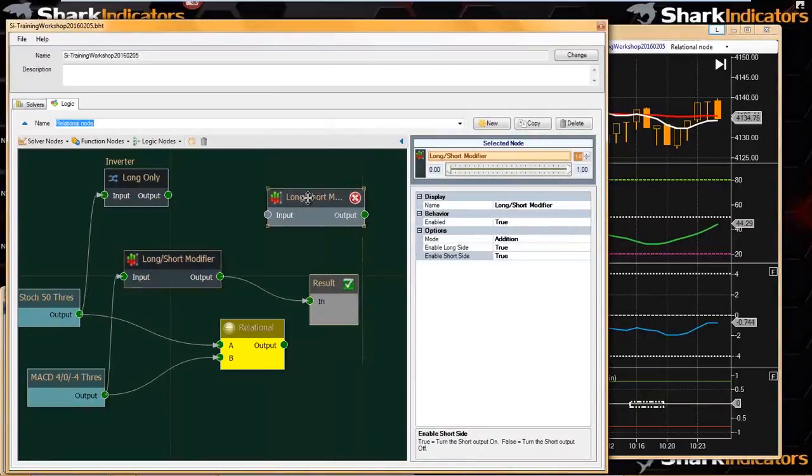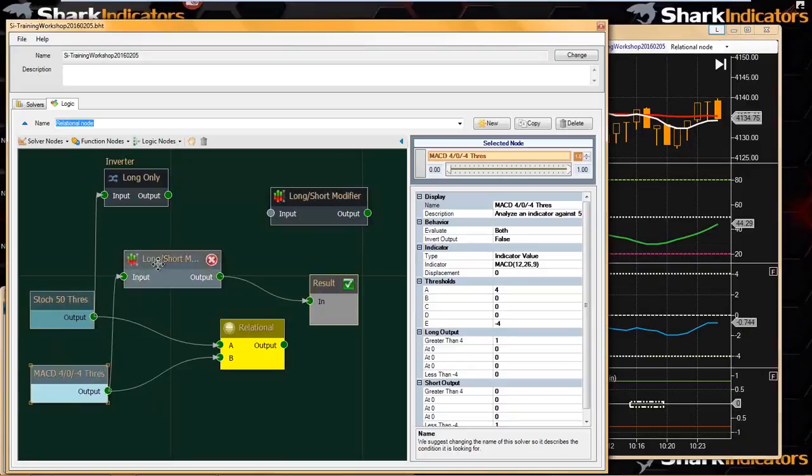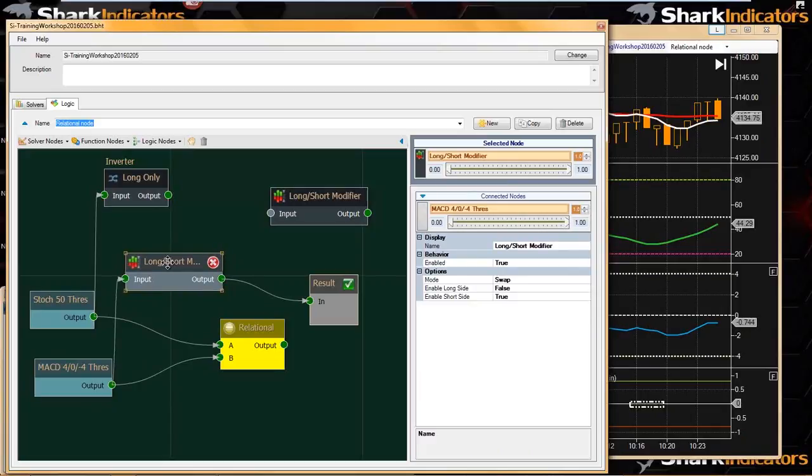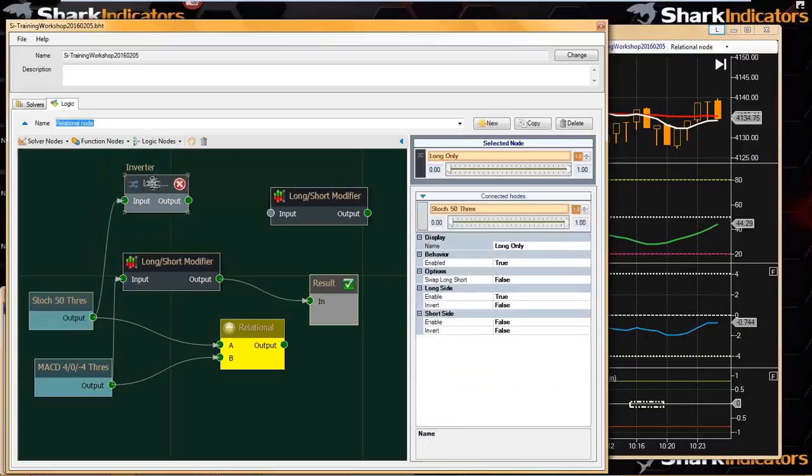And so now, as I was saying earlier, the long short modifier, to use the addition function, if you want to add the long side of one solver to the long output of another solver, you have to take one of your solvers and flip it so that it's swapped or reversed to a short signal, and then take the other solver and isolate its long only output.